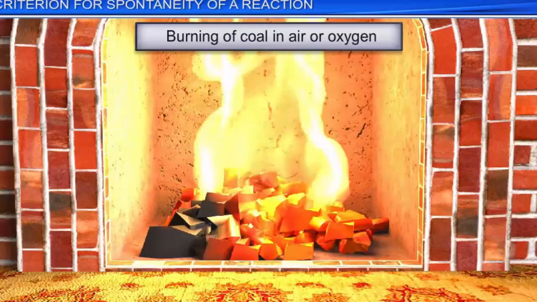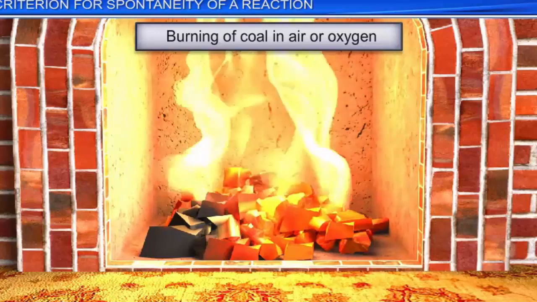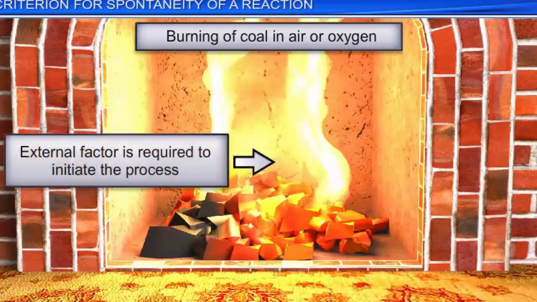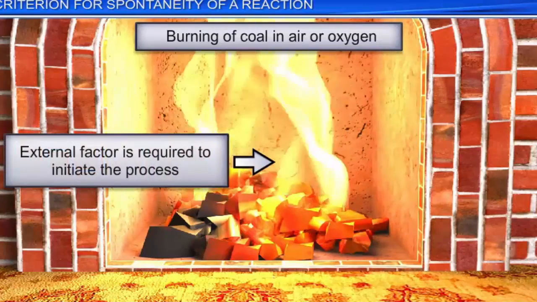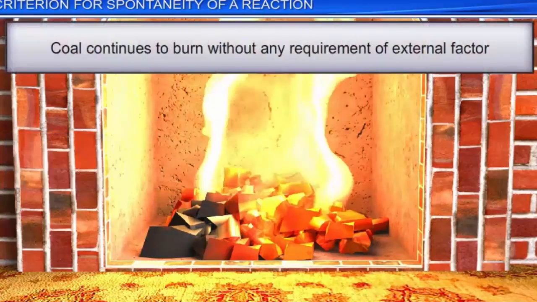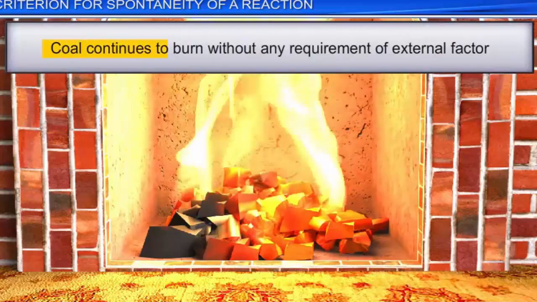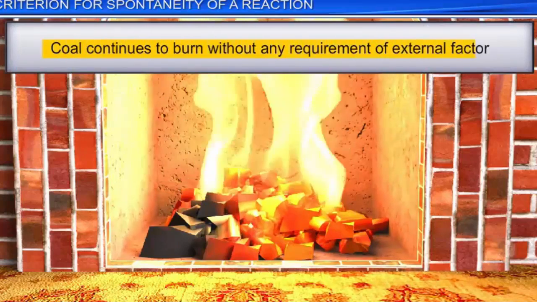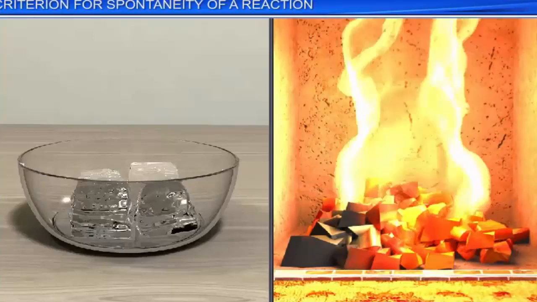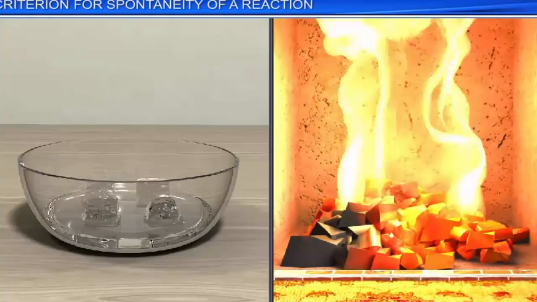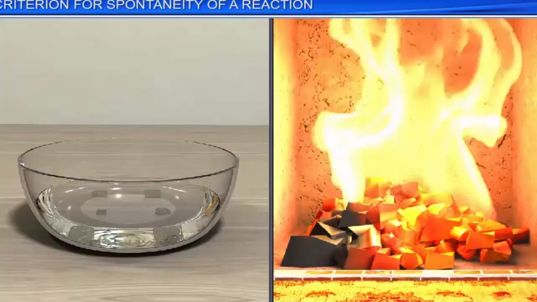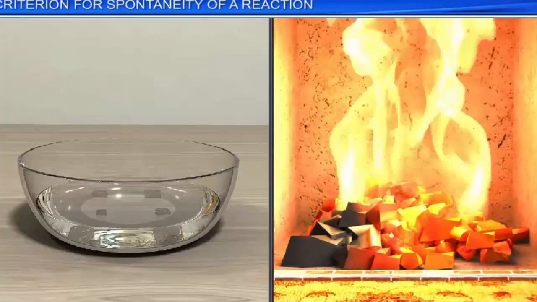Note that, in this case, a matchstick, an external factor, is required to initiate the process. Once initiated, the coal continues to burn without any requirement of external factor. Thus, a process which under some given conditions may take place by itself or by initiation is a spontaneous process.